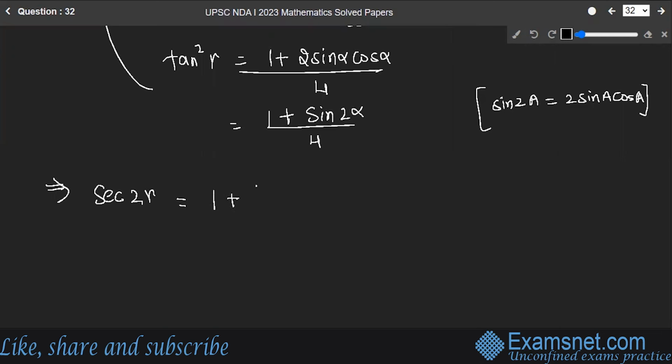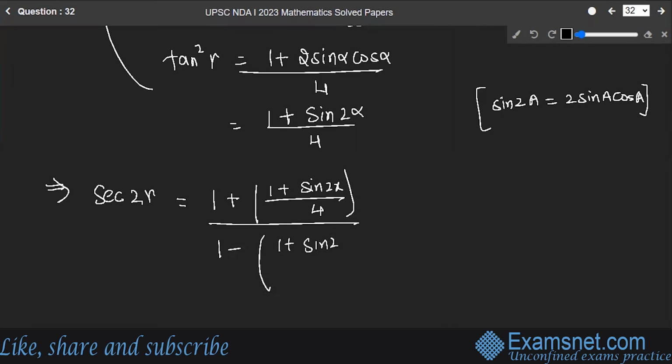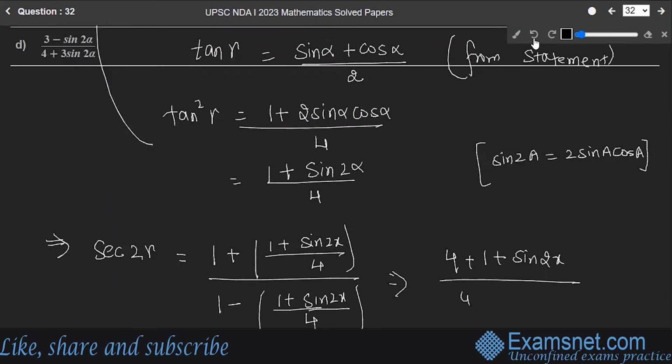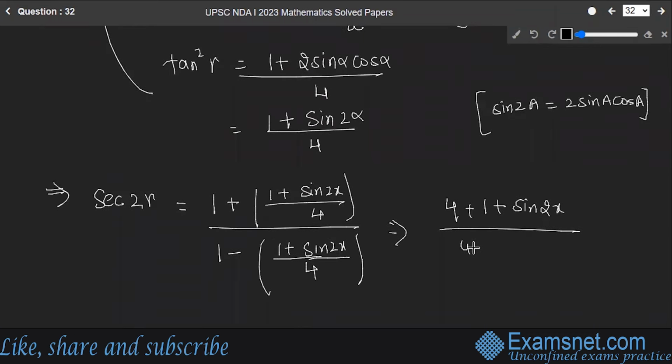So 1 plus (1 plus sine 2 alpha) upon 4, that is, 4 plus 1 plus sine 2 alpha, upon 4 minus 1 minus sine 2 alpha, here was gamma.